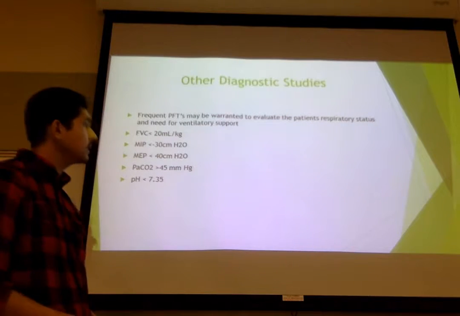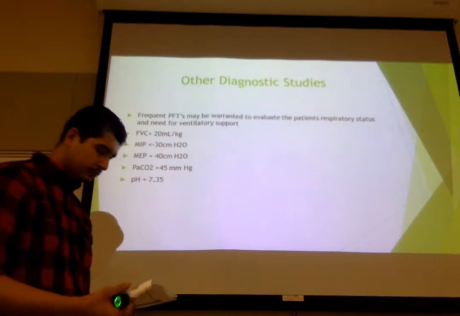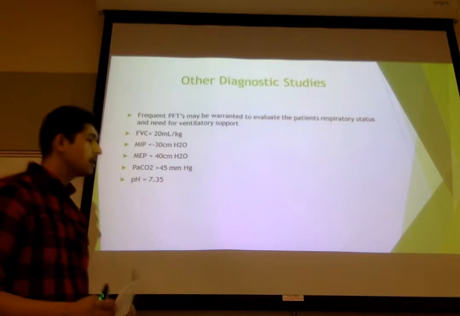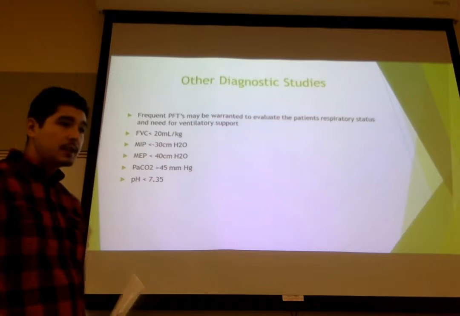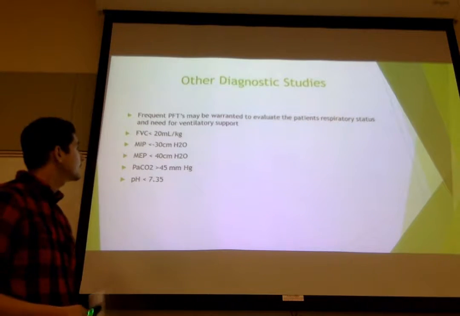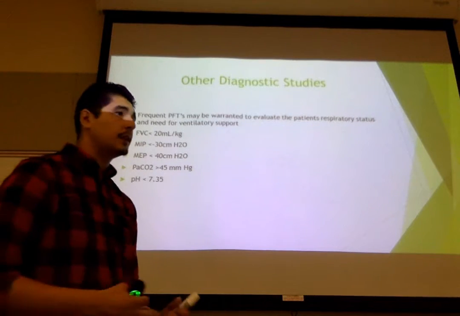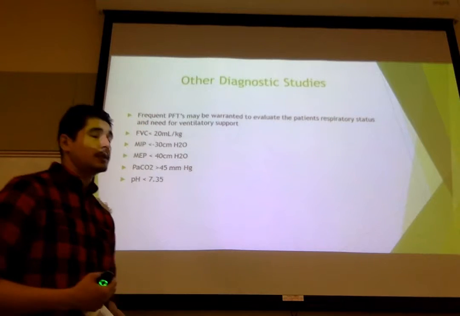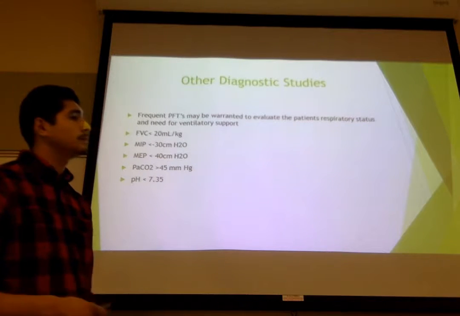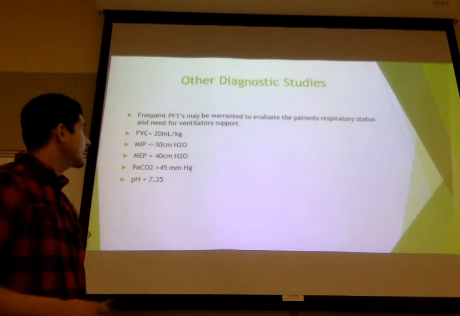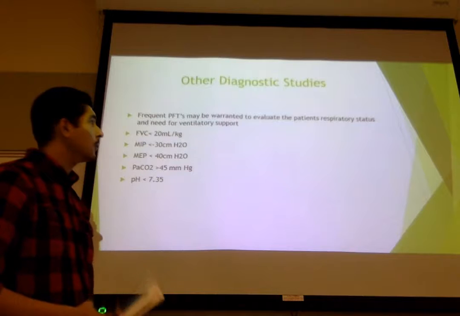Other diagnostic studies. PFTs are usually warranted, and they monitor the patient's respiratory status as the disease progresses. An FVC of less than 20, a MIP less than 30, MEP of less than 40, CO2 greater than 45, so we have hypercarbia, pH lower than 7.3, so acidosis, are usually found and can tell you if your patient is worsening or improving.